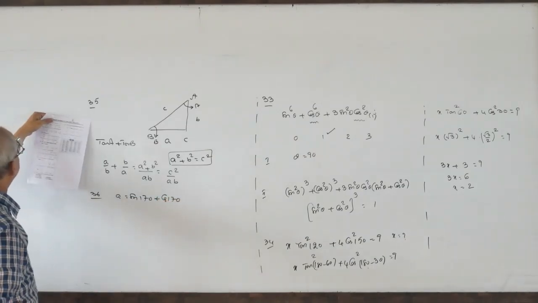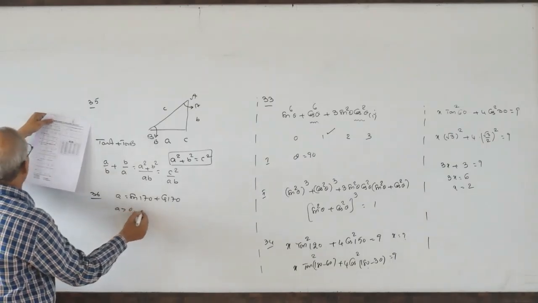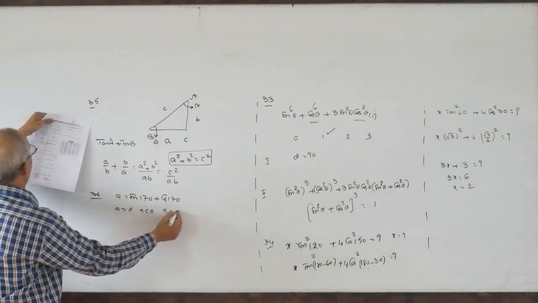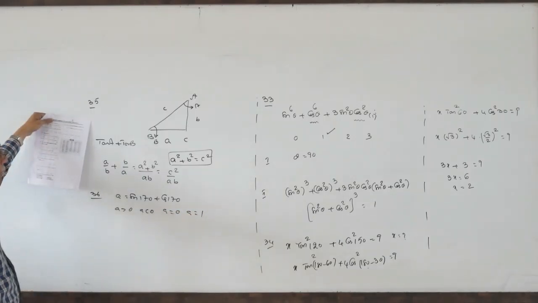Very good. Then he is asking whether A is positive, negative, 0, or 1. It cannot be 0 anyway, because non-zero trigonometric angles are given. Therefore, definitely it is not.